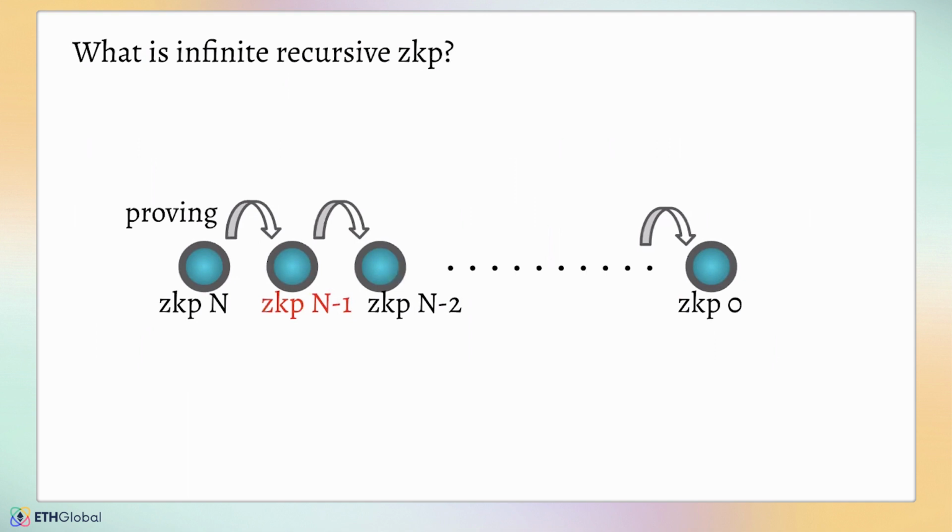Infinite recursive ZKP can verify the whole chain of ZKP by verifying only one previous ZKP proof. Once you verify the previous ZKP proof, that has already contained the proof prior to that. Also, the proof contains the proof prior to it, so the proving chain reaches the origin of this chain.